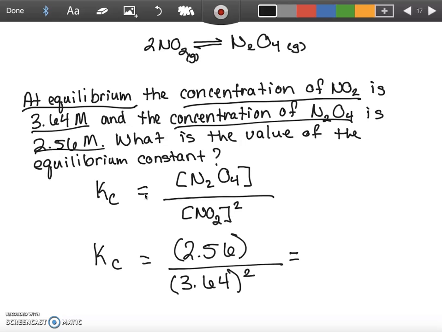So the bottom number to 3 sig figs is 13.2, and let me verify that. One more check. Yeah, 13.2. And then we're left with 2.56 on the top. We divide.